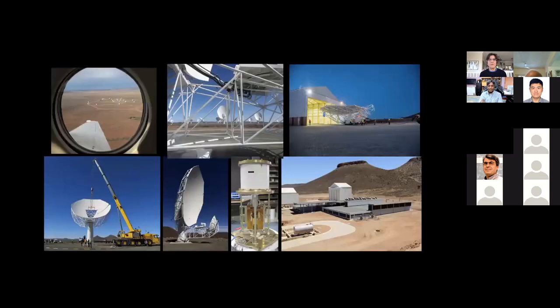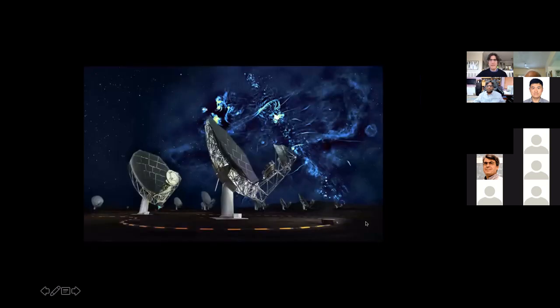I'll just show you in closing a couple of impressive pictures about the construction phase of MeerKAT. Here, for example, is the underground computing facility, a massive supercomputer sitting under there. There's an image in the background that comes from MeerKAT.